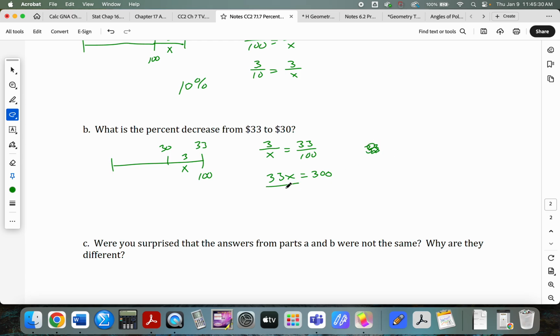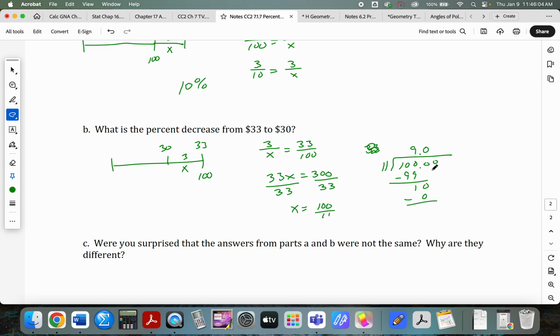So I'm going to divide both sides by 33. And I'm going to reduce that. It's 100 over 11. Because that's an easier division to do. So that goes 9 times, that's 99. Point, bring that down, that's going to be 0.